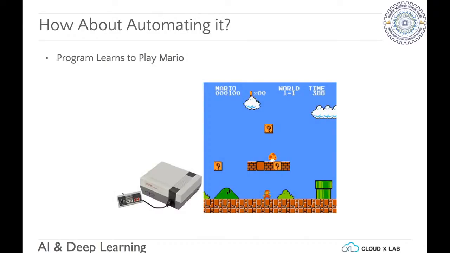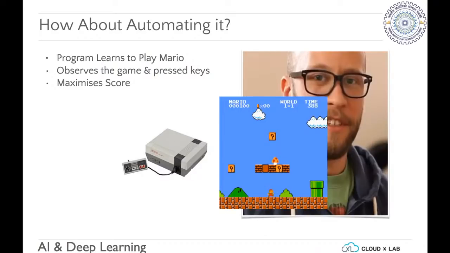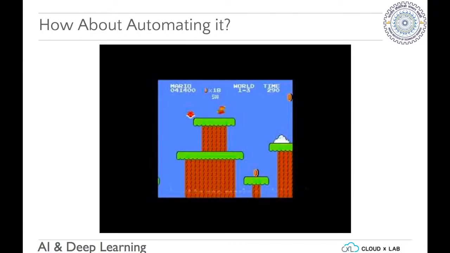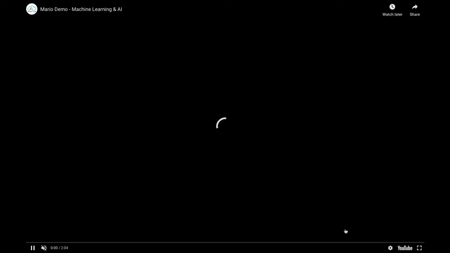So here is a demonstration of the program learning to play Mario, observing the game and pressing the keys, and maximizing the score. I think this demo will make sense to you. All right, here we go.